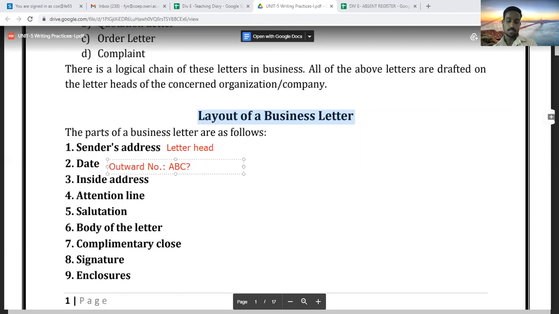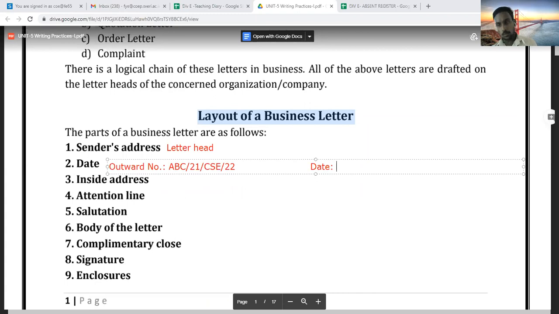Then there is a slash, and then maybe the year 2021, then a slash, and there may be the department, for example CSC or something like this. Or the outward number may be the 22nd case. So it is something like this, and this outward number is towards the left-hand side of the page, and then towards the right-hand side there is the date, usually like this.